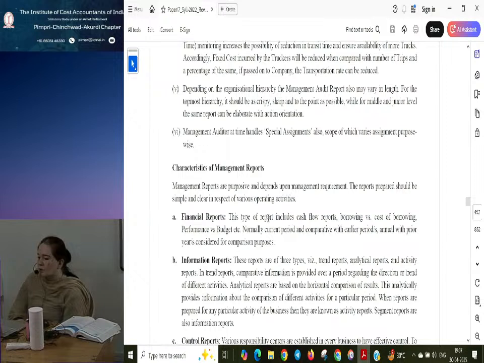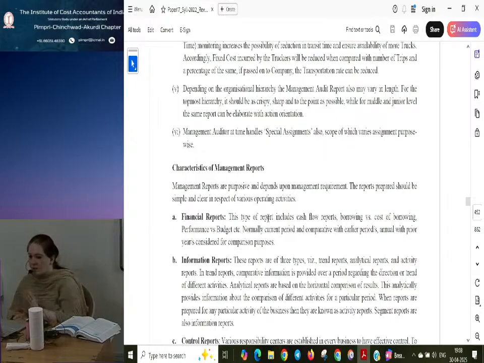Then coming to the features of management reports. What are all the things that can form part of the reports that are actually prepared? One is the financial reports, like the cash flow reports, borrowing versus cost of borrowing, performance versus budget. So these are all financial reports, which are going to compare across different time periods.